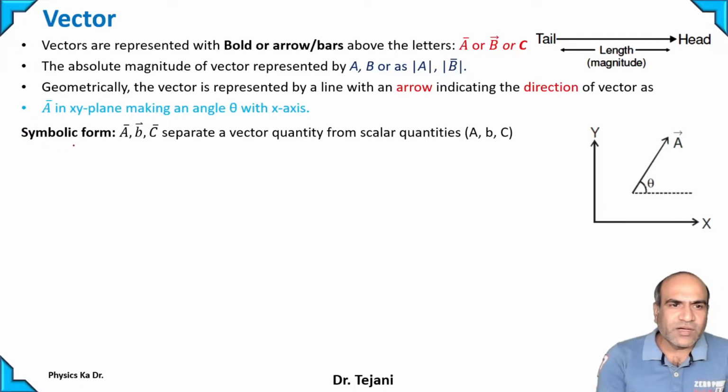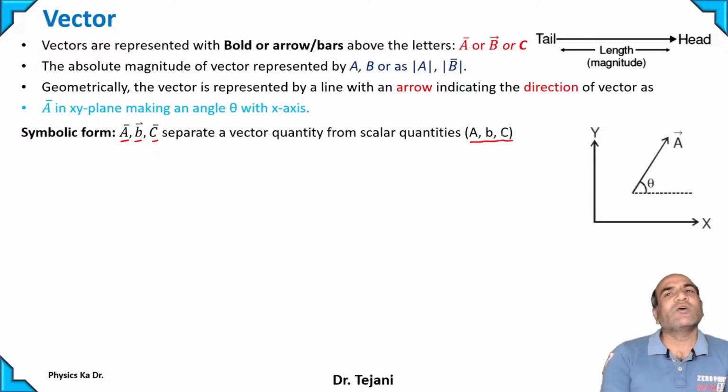In symbolic form, we already discussed A bar, B arrow, C bar. If it is without a bar, it is a scalar quantity, or simply a magnitude. So when we talk about a vector, there must be some sign, for example A bar or A arrow, or it should be bold.